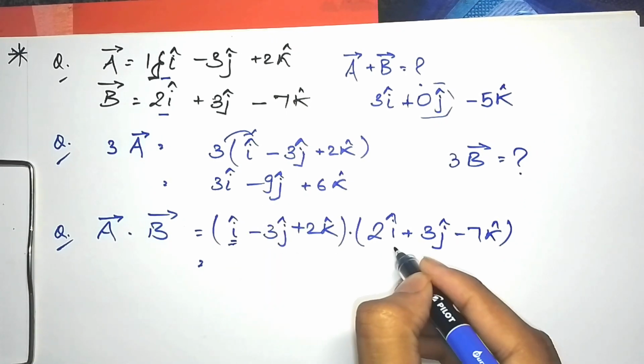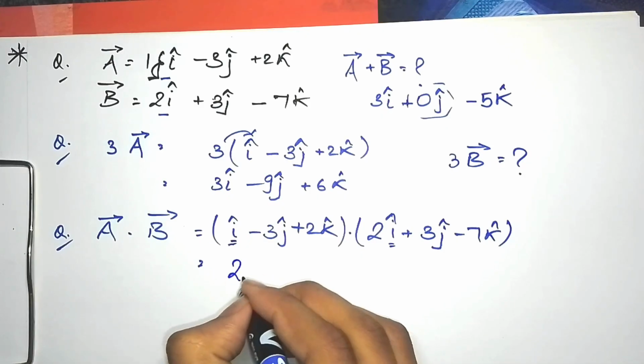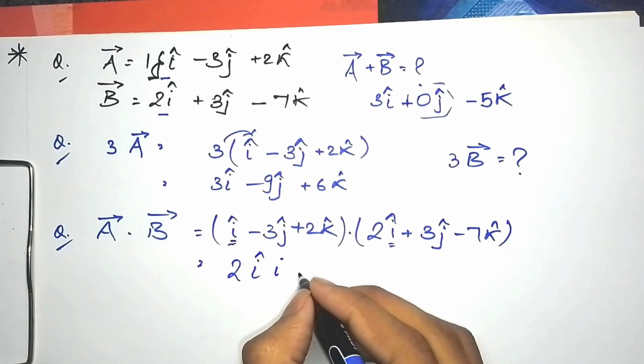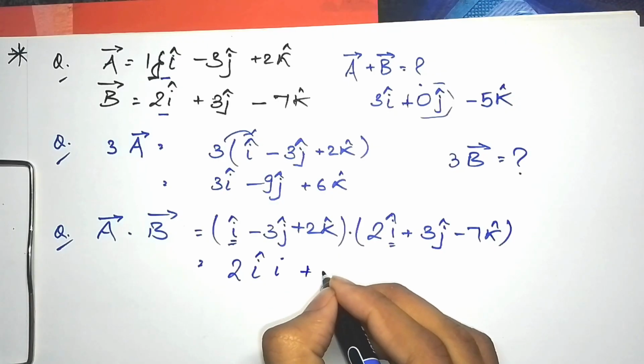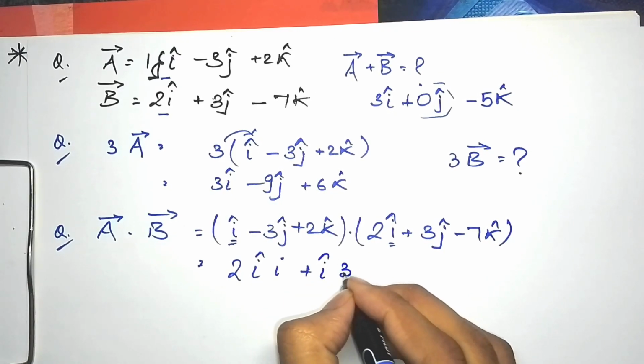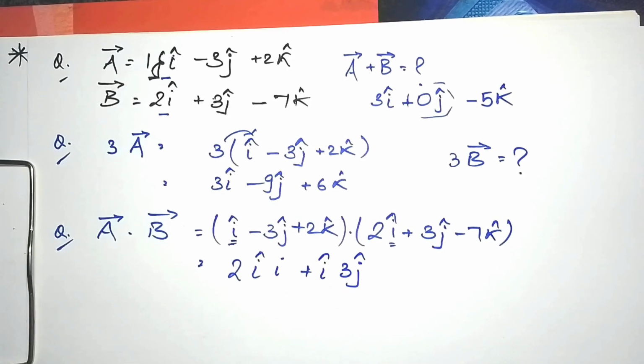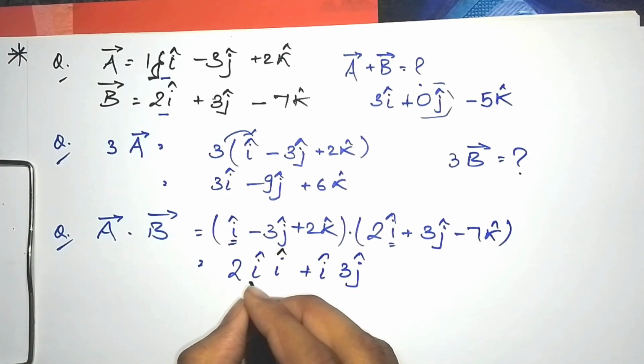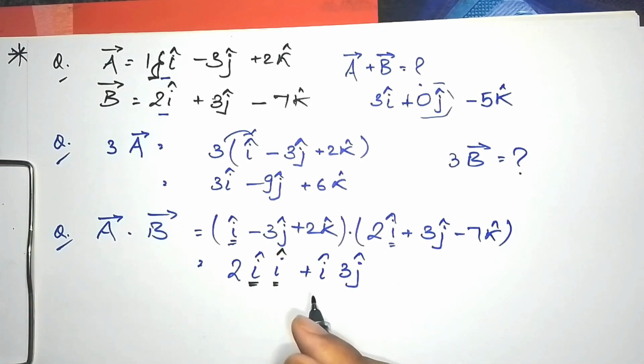So here i cap and i cap. So here it would be 2 i cap into i cap. Again, when we move further, it would be plus i cap into 3 j cap. Now let us do these two first. So here i cap and i cap, both of them have an angle of 0 degree between them. Why? Because both are in the direction of x.